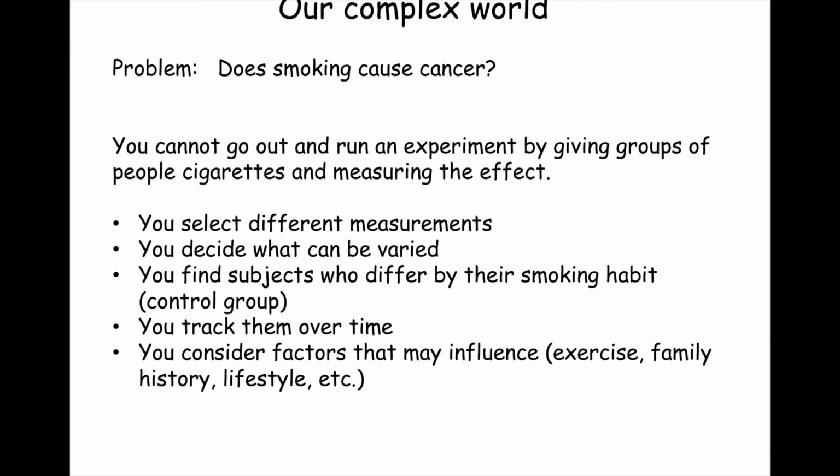Now, this idea of a control group is very key to an experimental execution. A control group refers to that factor that you can vary. Because at the end of the day, you're asking the question, what is the impact of certain levels of smoking, right? So you can imagine kind of like a stereo control knob. If you turn it from 1 cigarette to 2 cigarettes to 3 cigarettes to 4 cigarettes, what happens on the other side in terms of incidence of cancer, right?